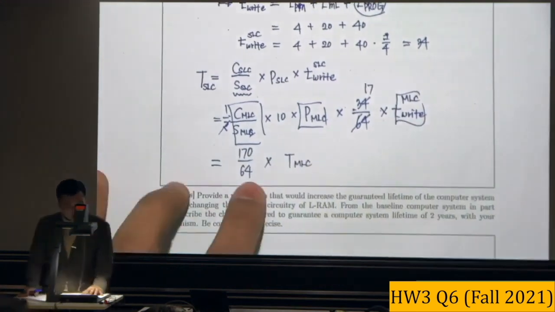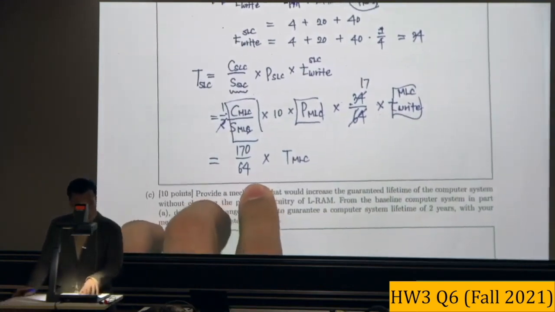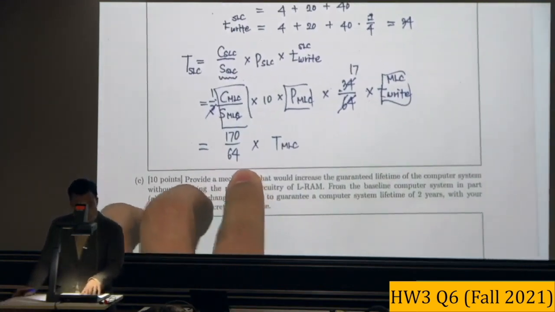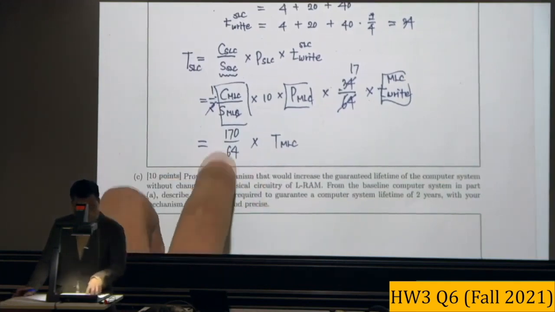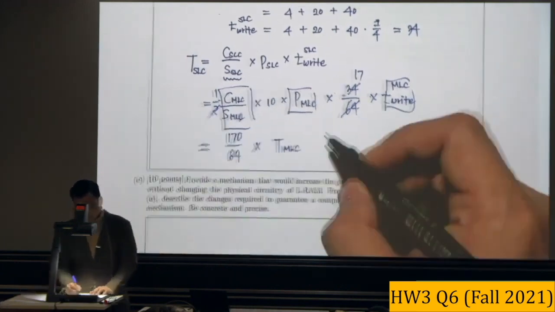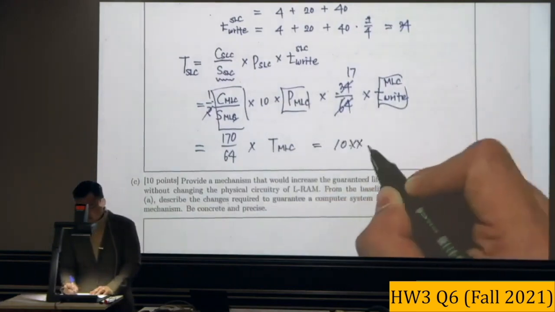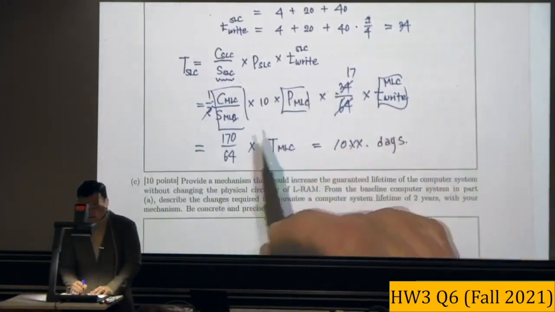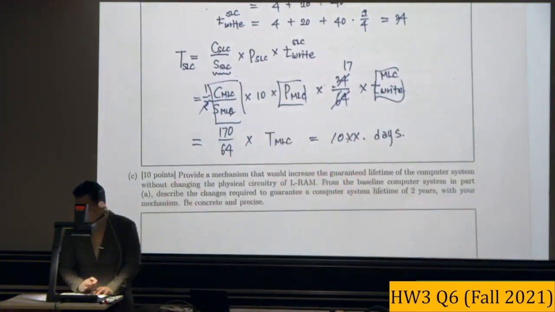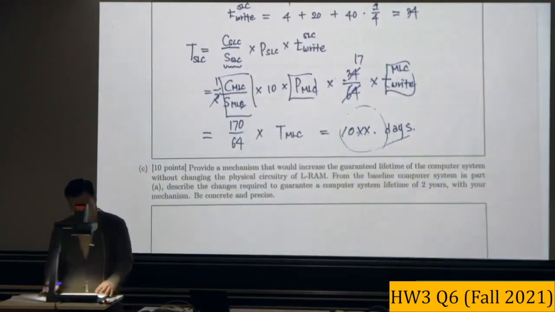So this means that by using LM device as a SLC device, we can improve. The improvement gain is about less than 3x, right? So as I remember, this is about 1000x something days. And for the final form, you don't need to calculate the exact number of this.